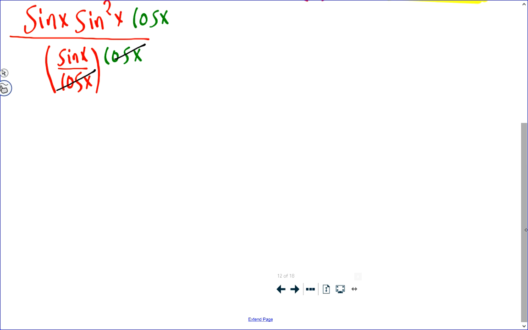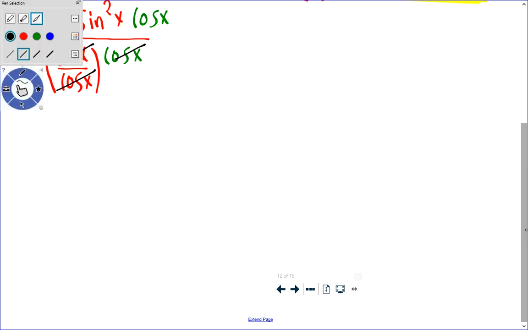And now what we are left with is sine of x, sine squared of x, and cos of x on the top. But we have a sine of x on the bottom, so that can cancel with the sine of x on the top. And what we're left with is the answer. The answer is sine squared of x cosine of x.